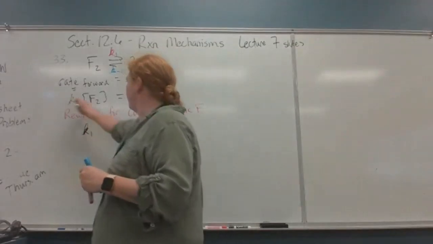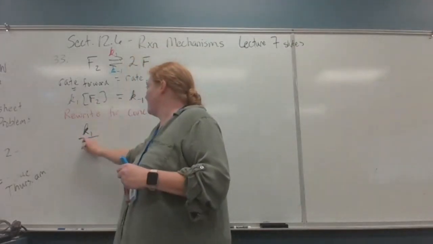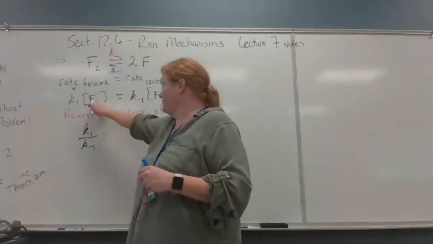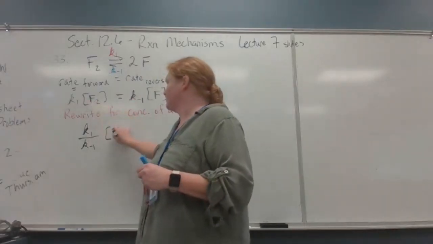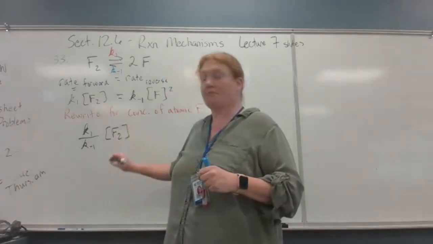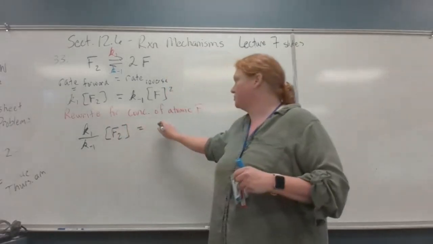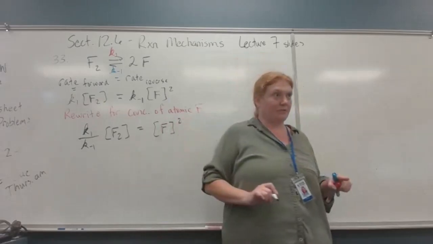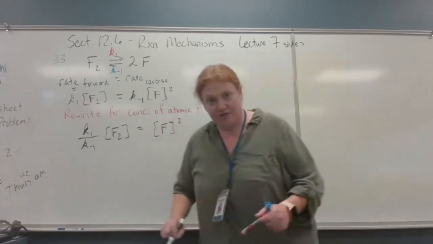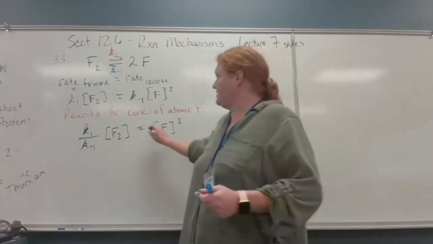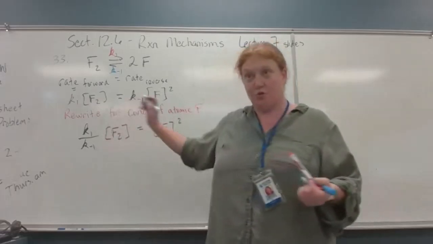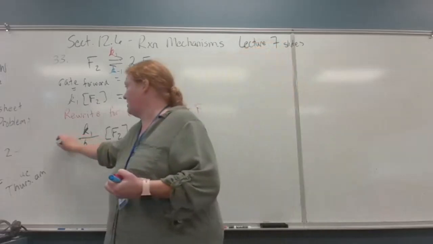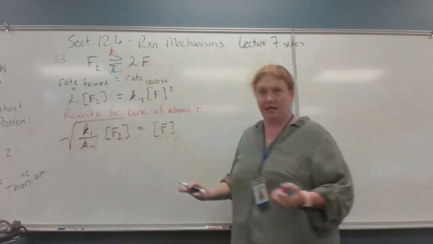So what I have is K1 divided by K minus 1 times F2 equals F squared. You can certainly just write the square root symbol. So if I take the square root of both sides, then I have this equals that.